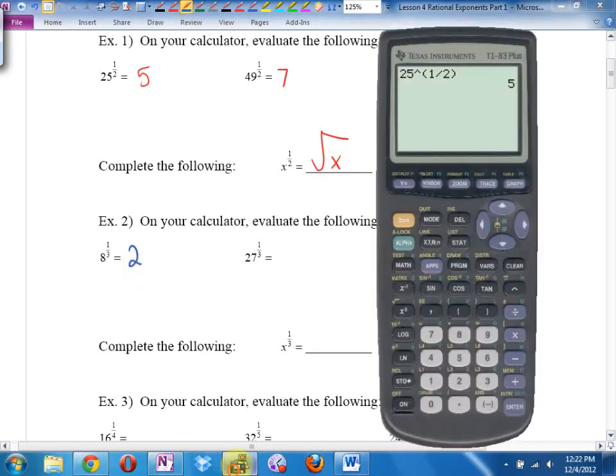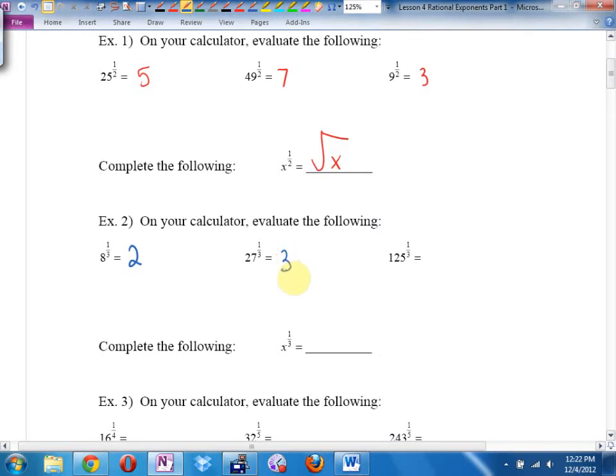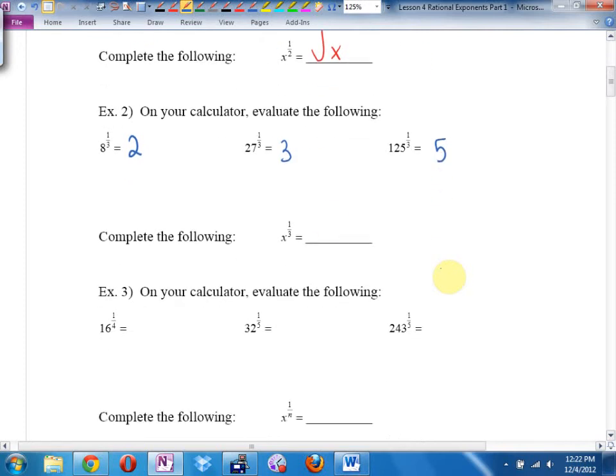I'm pretty sure if you go 27 to the power of bracket 1 divided by 3, you get a 3 there. And I think you get a 5 there. In fact, complete the following. X to the 1/3 is the same as the cube root of x, putting that 3 inside the little v of the square root there, the index.